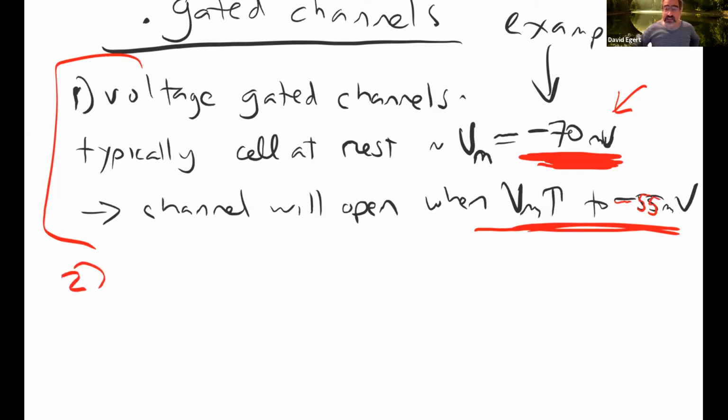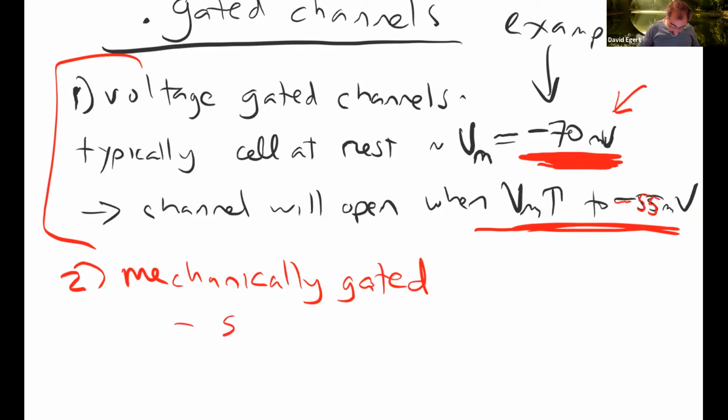What's another thing that can gate a channel, can open or close it? Ions? Again, the ions are the things that are moving through the channel. I'm thinking about what are the things that are going to open or close the door to allow the ions through. Okay, pressure. So pressure, so mechanical. You can be mechanically gated, so basically a kind of stretch of the membrane.